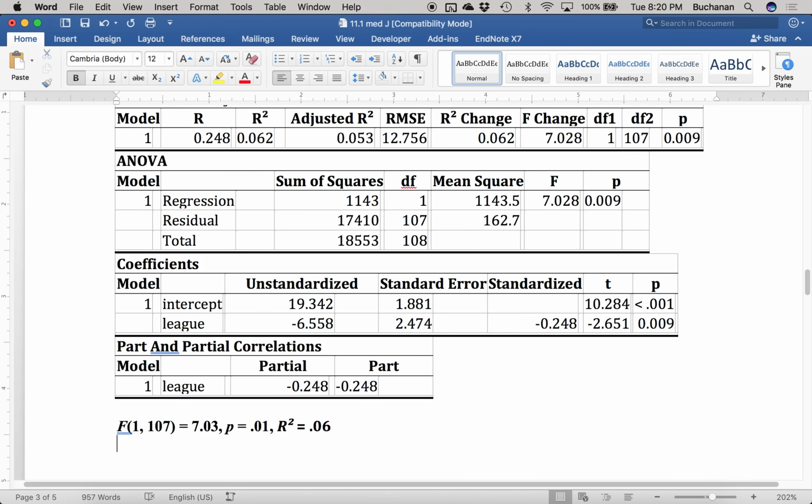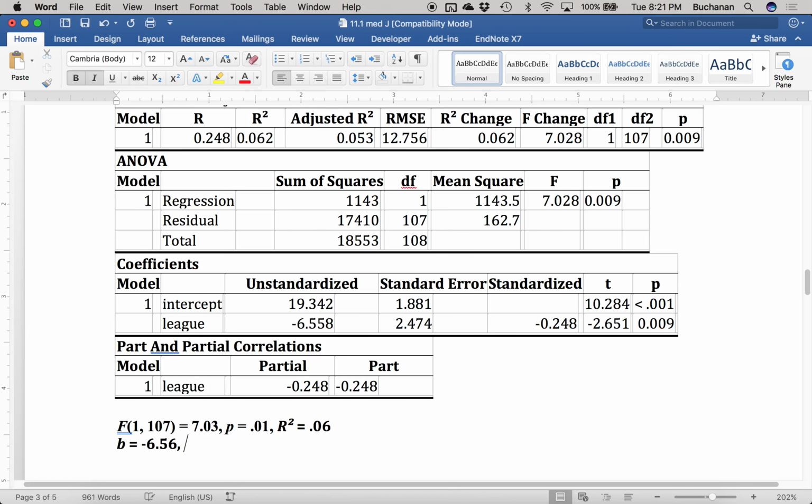And we could talk about the B value for league, which in this case is this C path. So it's still the B value because this is regression and it's a slope, but it's considered the C pathway. I know it's a little confusing, but it's the C path, but the statistic name is a B for slope.